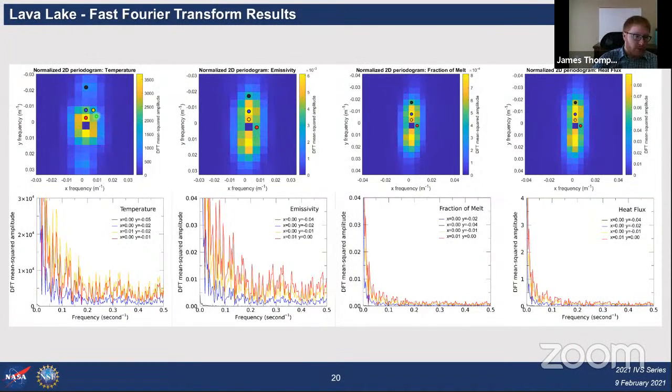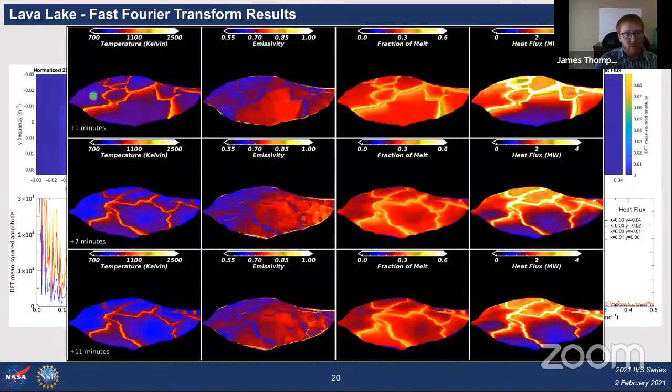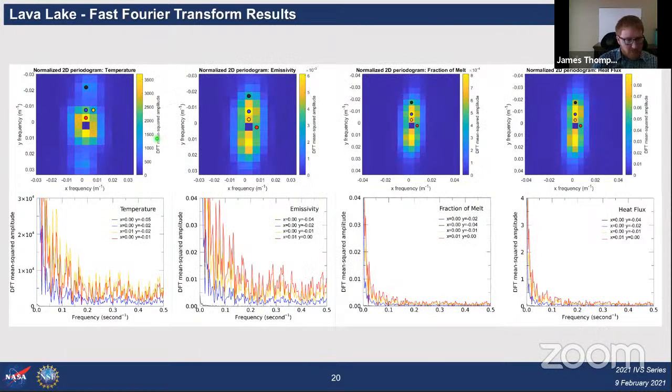But we can also see that there's this high frequency, low amplitude change within the lava lake, which isn't very apparent just by looking at the data. And so this can speak to some smaller scale variations that aren't apparent when looking at a whole system.